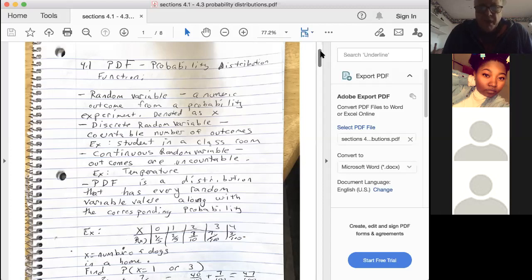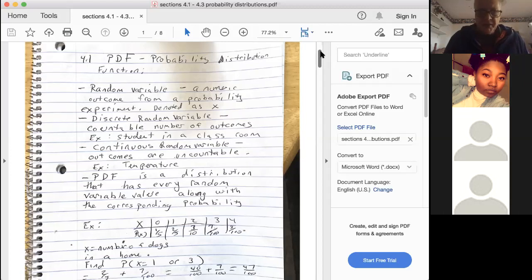A continuous random variable means the outcomes are not countable. They're uncountable. There are so many outcomes, every single one is filled in. So for example, a temperature, or the distance you travel, or how tall you are, or how much you weigh. Those would be continuous random variables.